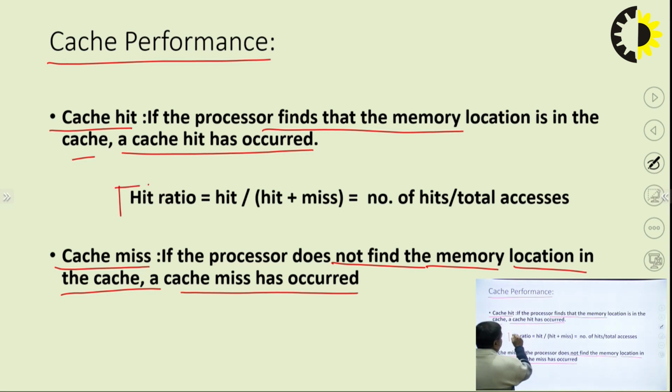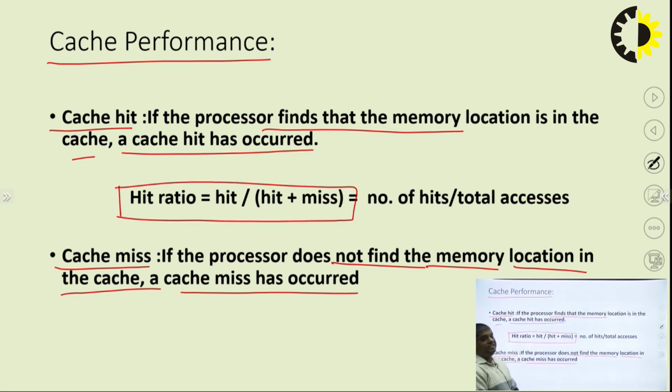Now, this is the mathematical formula by which we find the hit ratio. And what is the miss ratio? 1 minus hit ratio is known as the miss ratio. What is the hit ratio? The total number of hits divided by hits plus misses is known as the hit ratio.